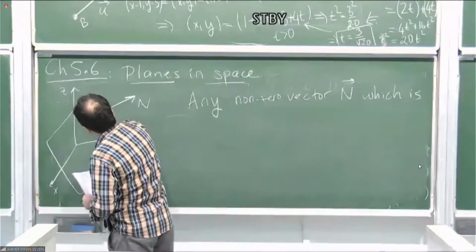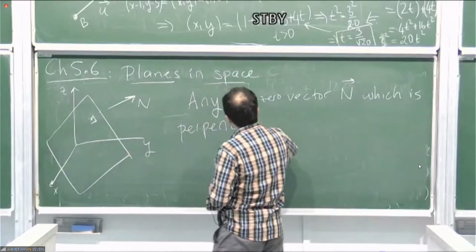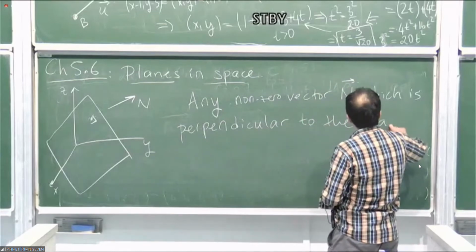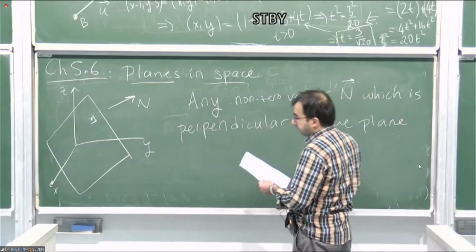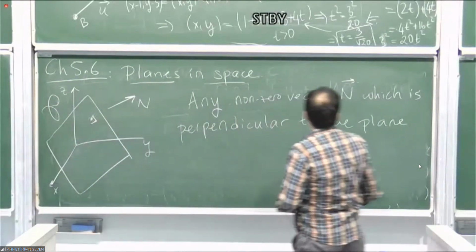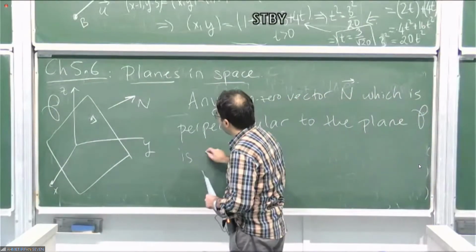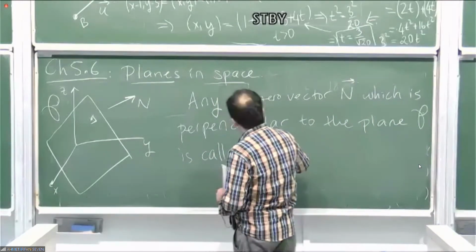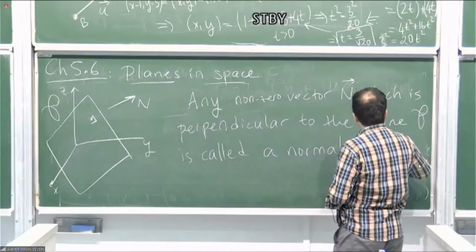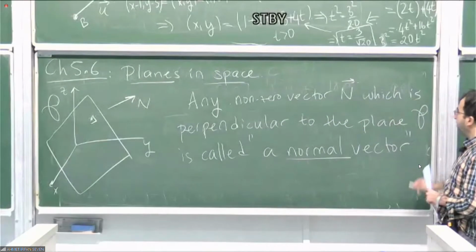So I try to show it, which is perpendicular. Let's denote this plane P. Such a vector is called a normal vector for P, for this plane.